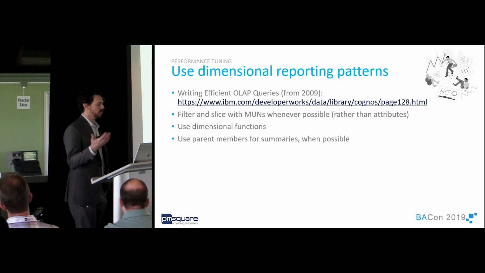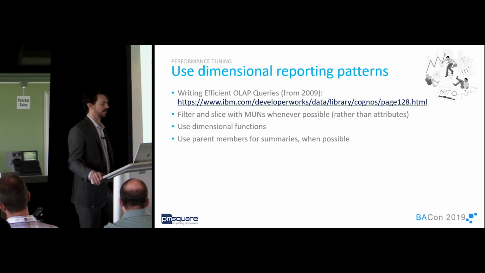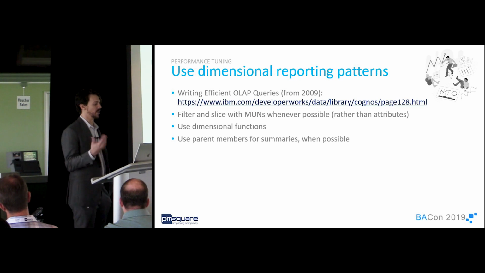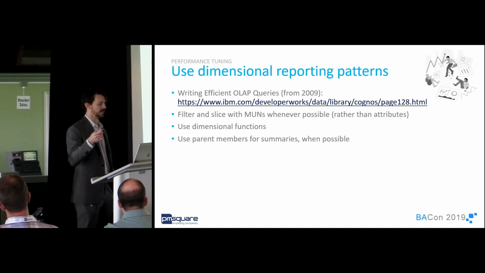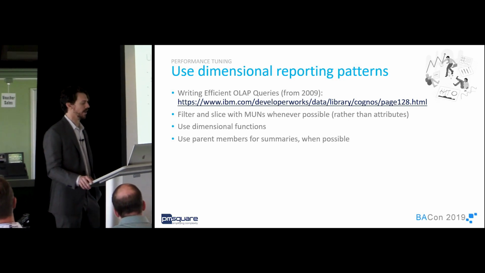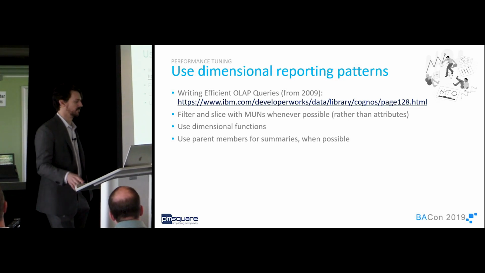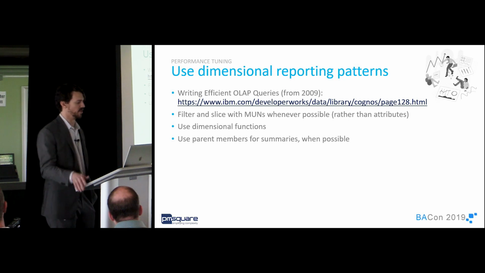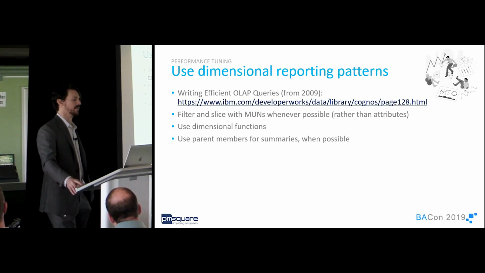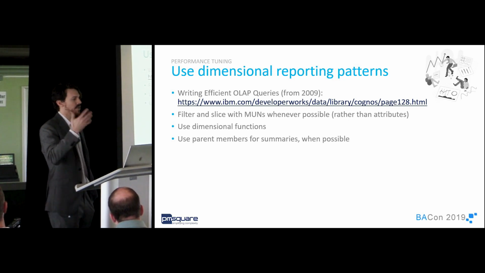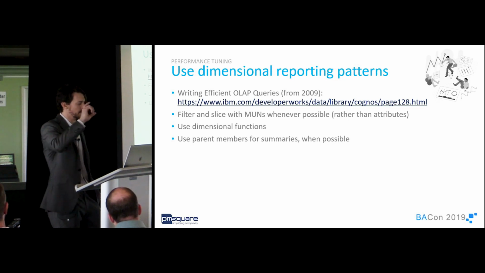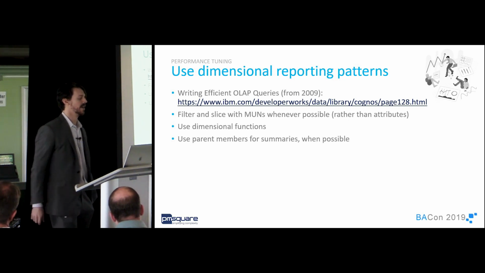So just in general, using dimensional functions is a key part of this. So again, knowing that you have something like a filter function available versus just trying to create a detail filter like you would in a relational style report. Understanding how tuple works, the descendants function. There's a whole set of them within Cognos. You can browse them. There's a whole area for dimensional functions.